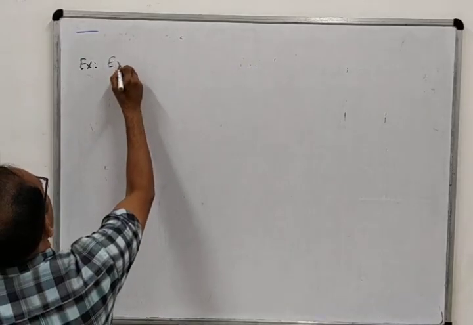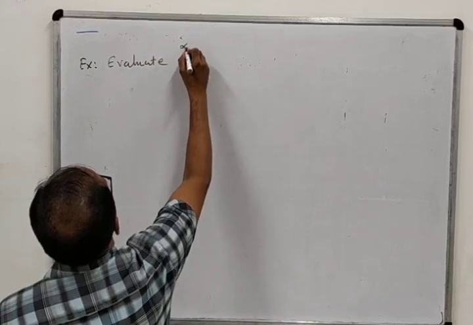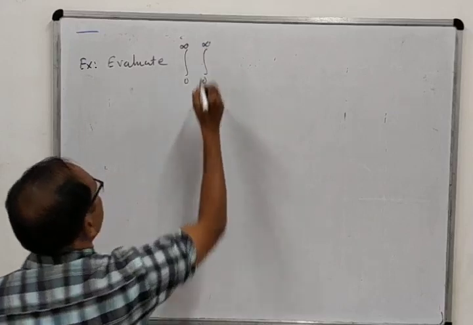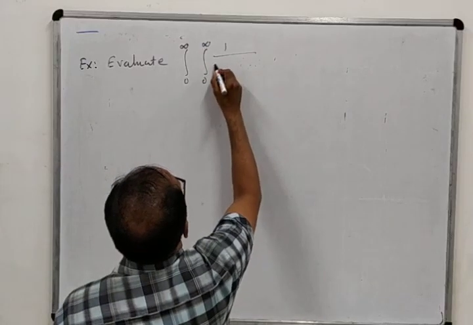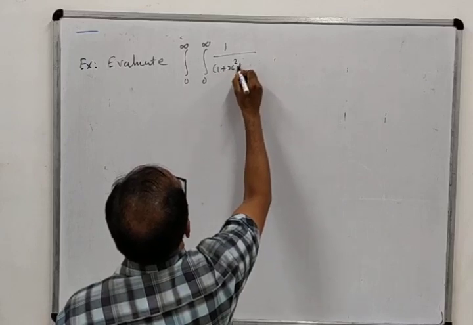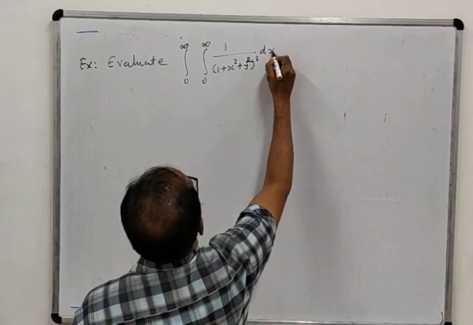Now let us see another example. Evaluate the integral from 0 to infinity, 1 upon (1 plus x square plus y square) whole square, dx dy.